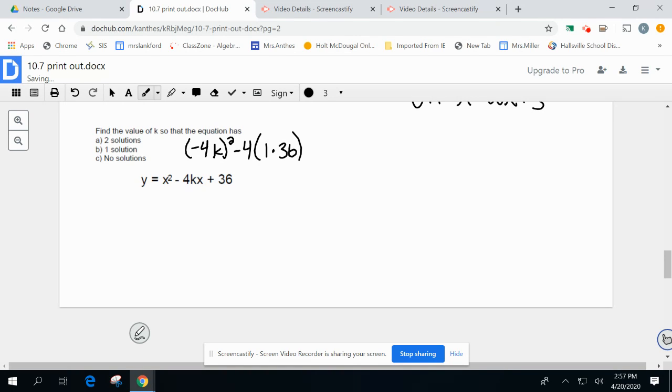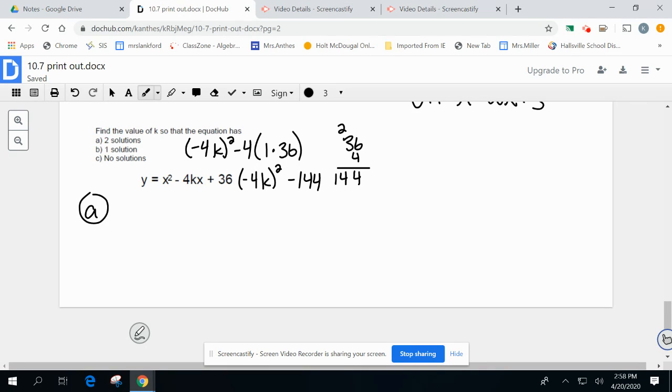Okay, so if I simplify that, negative 4 times something squared, and then negative 4 times 1 times 36 is 144. So that's minus 144. So whatever we choose to plug in for k, for two solutions, has to be greater than 144.